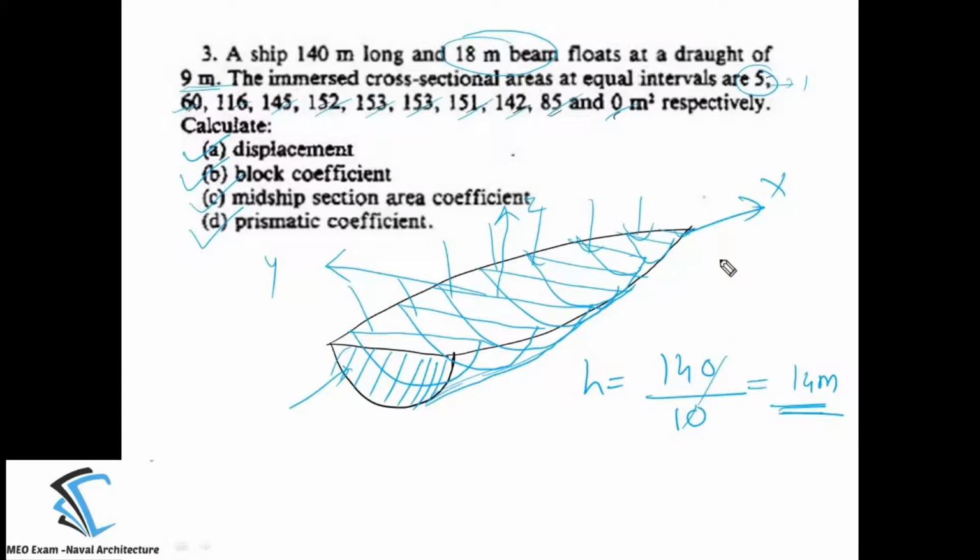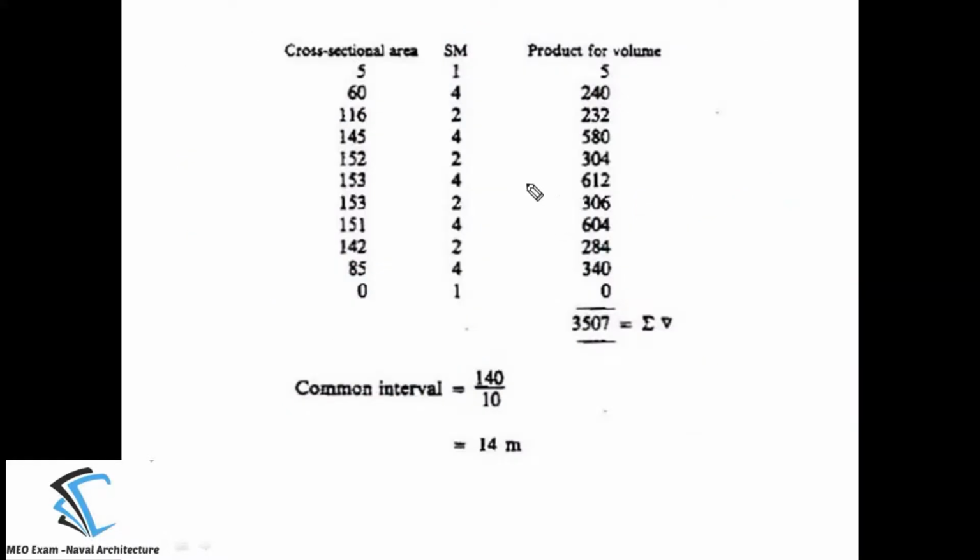We have 10 intervals, which is divisible by 2, so you can use Simpson's first rule. You can see here the cross-sectional area is written in the vertical direction. I am calling it column number 1.